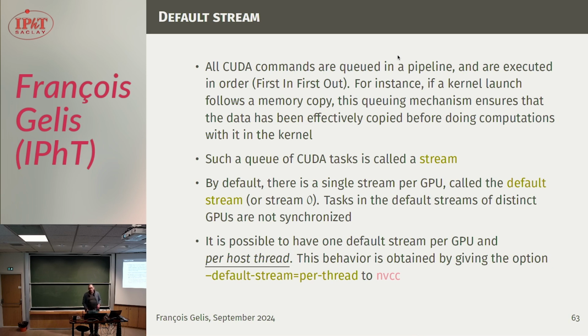And this makes sense because when you have a single queue like that, you want the data to be copied before you start doing computations on this data. So this makes perfect sense. There is a name for this kind of pipeline in the CUDA jargon. It's called a stream.